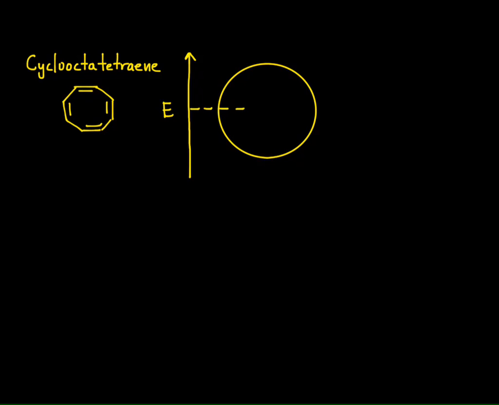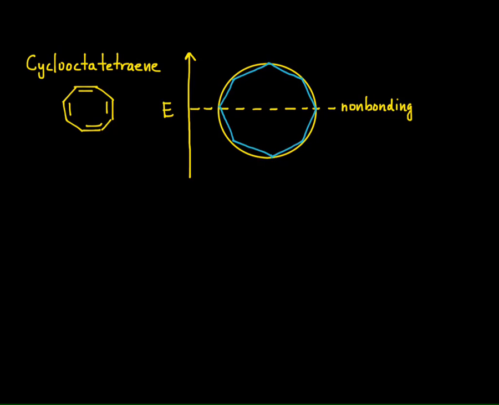Let's look at cyclooctatetraene. Here's the structure of cyclooctatetraene, right? It's an 8-membered ring. It has 4 pi bonds, which means it has 8 pi electrons. And when I construct the Frost circle of this, again, remember I have to inscribe that polygon with a vertex pointing down. And so when I do that, I get this, right?